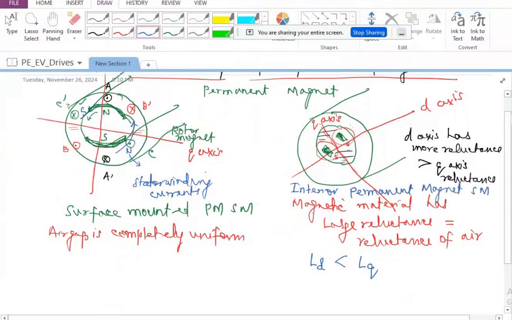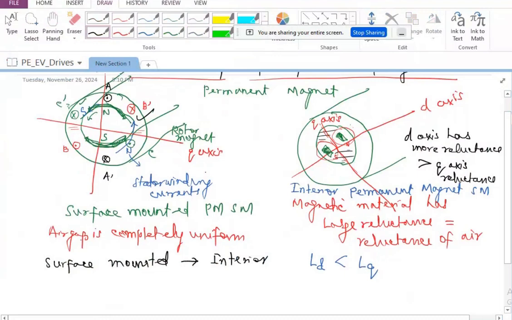So there are mainly two kinds of synchronous motors we see: surface mounted and interior. In the case of the interior permanent magnet machine, even at very high speeds, the permanent magnets, because they are buried, are not going to be thrown out. Whereas in a surface mounted machine, because they are on the surface, they can be thrown out.